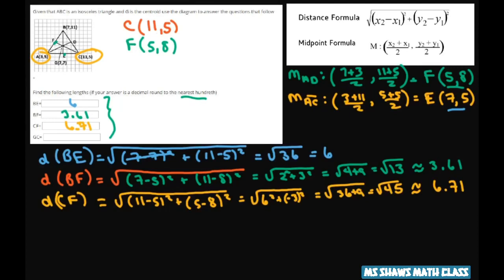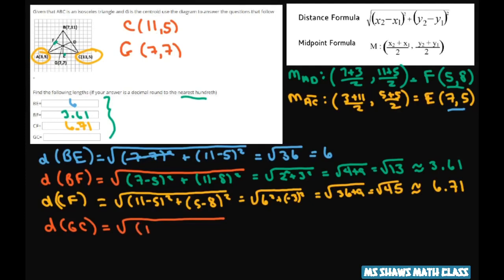And C, G, so now we need G. So I'm going to write G here. I already have C, so G is 7 comma 7. So the distance of GC, do the same thing.